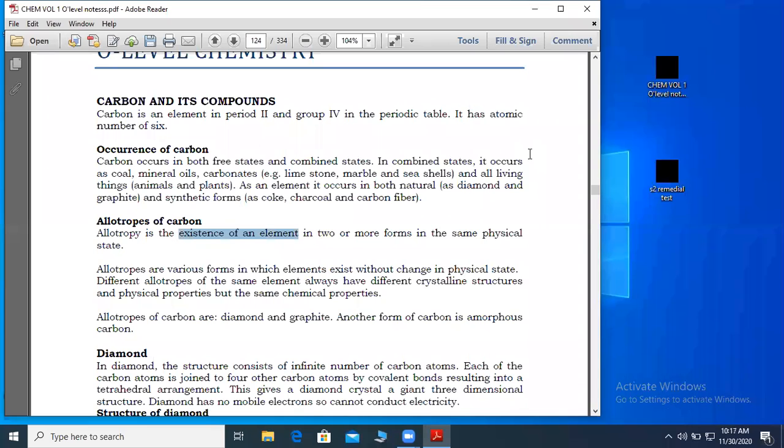It can exist as graphite, like I've told you, the one that makes pencils, and it can also exist as diamond, which is used to make earrings. So it is one element, but it has more than one form. But those forms remain in the same physical state as the element. Meaning, if the element was a solid, then the forms in which it exists remain in solid state, not gas and not liquid.